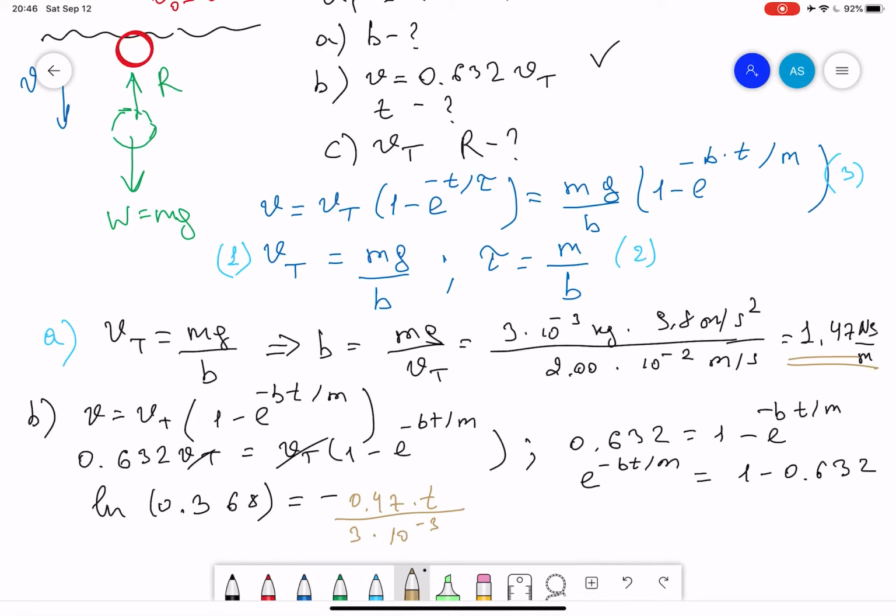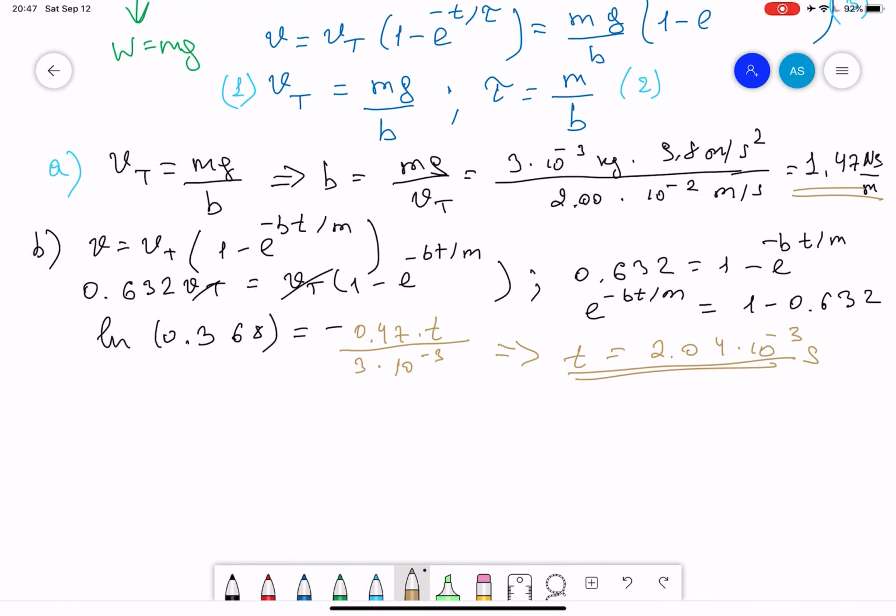From there, if you do the calculation, you should find that the time is equal to 2.04 times 10 to the power of minus 3 seconds. So we found the time, and we found the constant b.